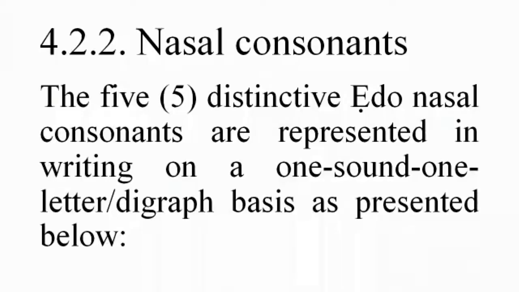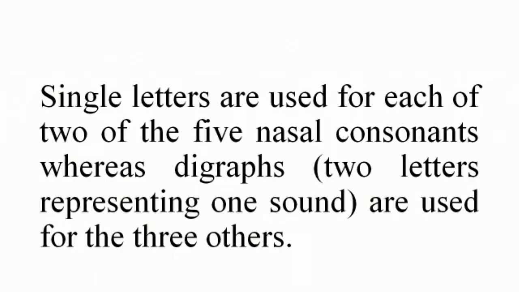The nasal consonants. As we said, there are 5 nasal consonants. Let's see what is to be used. Single letters are used for 2 of the 5 nasal consonants, whereas digraphs are used for the 3 others.